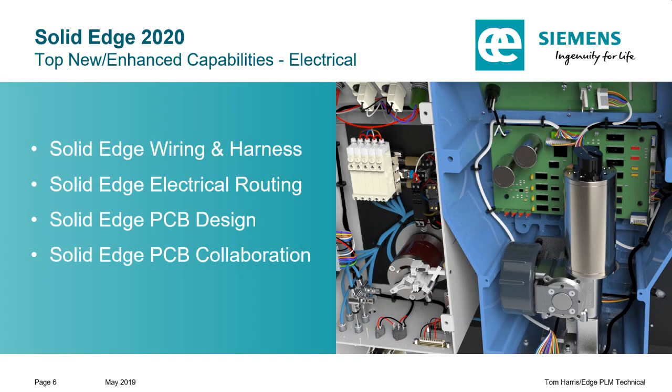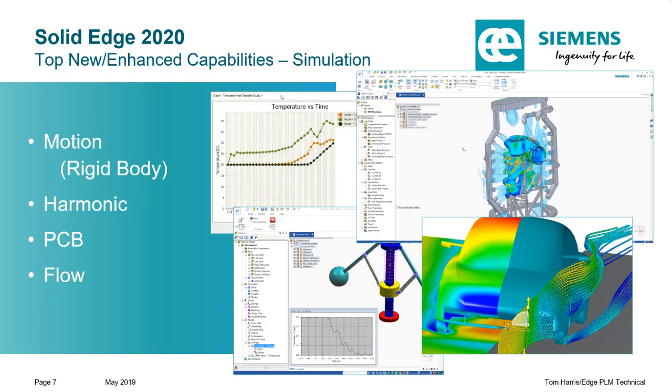Also, this is just a quick summary of the electrical capabilities. There has been quite a bit of development since the last version on this. Simulation has had a huge improvement. We now have rigid body motion analysis available with Solid Edge. We have harmonic analysis available with Solid Edge.